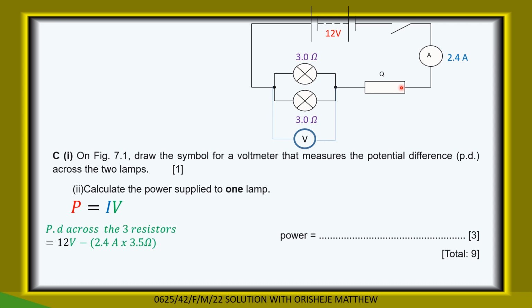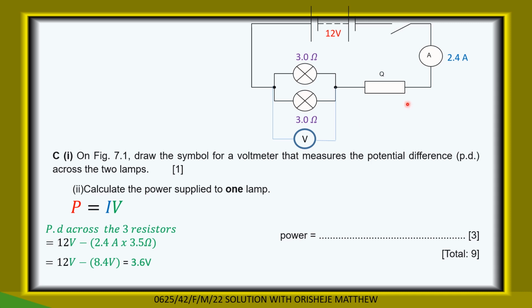That gives me about 8.4 volt. Subtract it from 12 volt, and that will give me the PD of 3.6 volt across the two lamps.